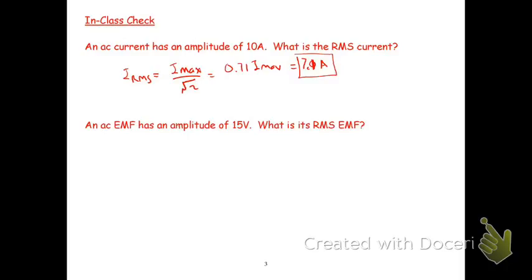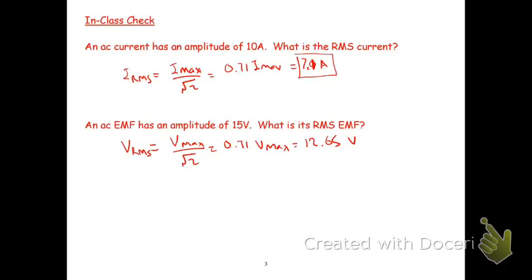An AC EMF has an amplitude that, so V RMS is equal to V max over root 2, which equals 0.71 of V max, which equals not 7.1, but 7.1 plus 3.55, which is 12.65, I think, volts.